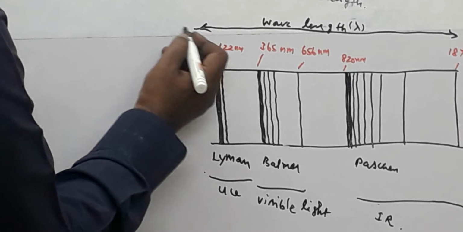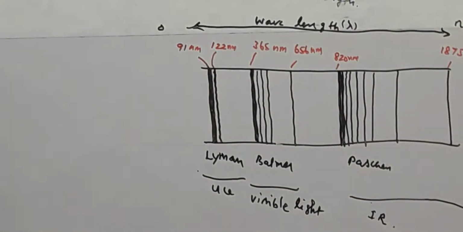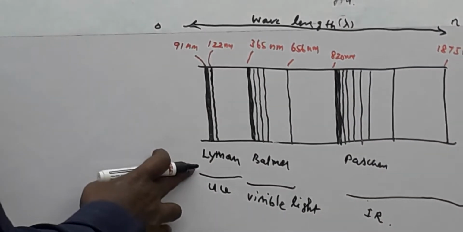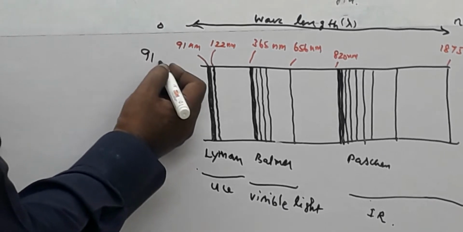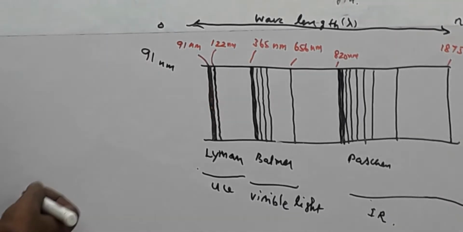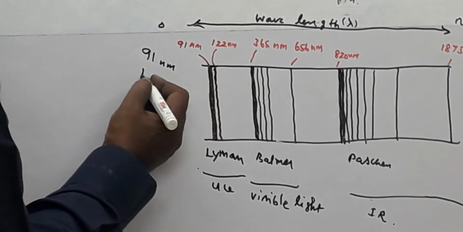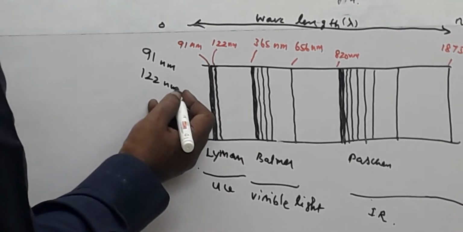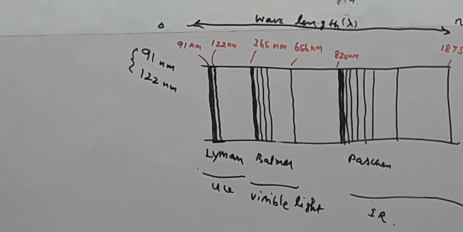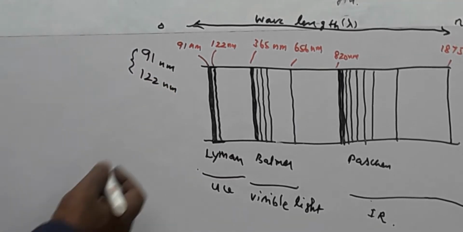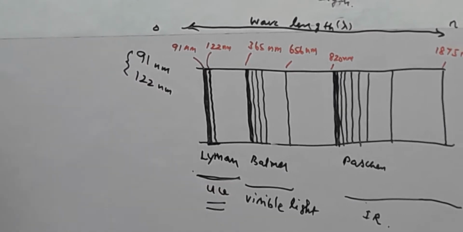Suppose the Lyman series starts with the wavelength of 91 nanometer and ends with the wavelength of 122 nanometer. This is the width of the Lyman series, and this width lies in the ultraviolet region.